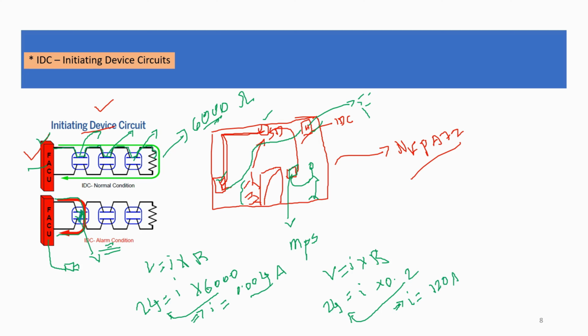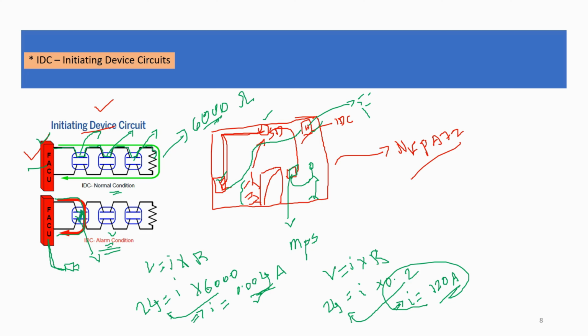See the difference between the currents. In normal condition the current is less, and in short condition or alarm condition the current flows more. So whenever the current is more, the fire alarm control panel will activate or initiate the horn strobes.